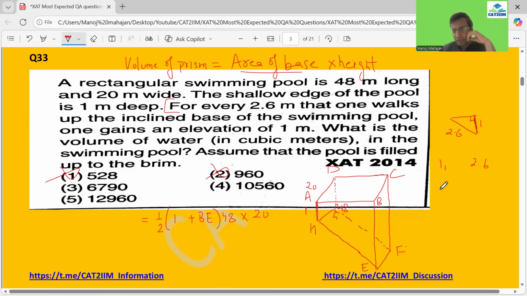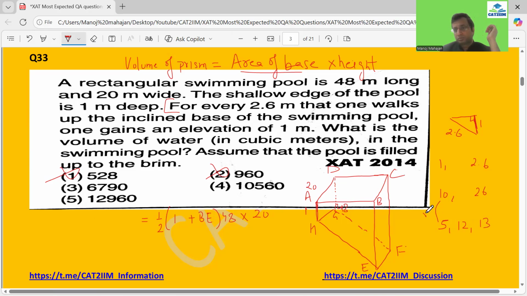Let me remove the decimal point. So 10, 26. I hope you remember the triplets 3, 4, 5; 5, 12, 13. You should remember 7, 24, 25. You should remember 8, 15, 17. So if you look at this triplet 5, 12, and 13.